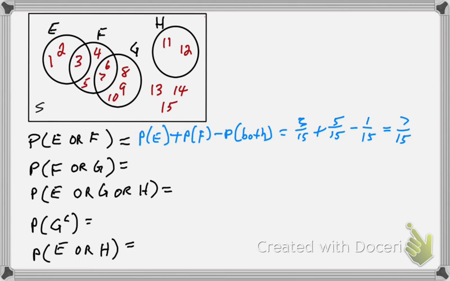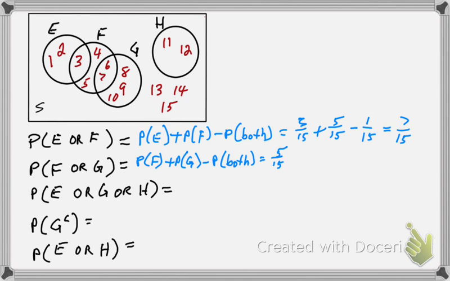Look at the second one, F or G. First question you ask is, are they disjoint? No. So I have to do the general rule, so probability of F plus the probability of G minus the probability of both. F we decided was 5/15.